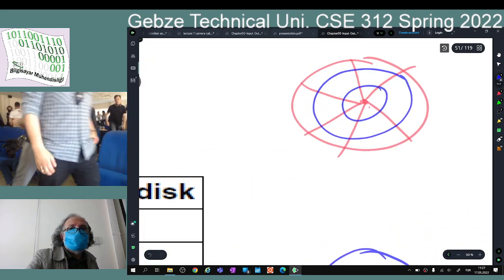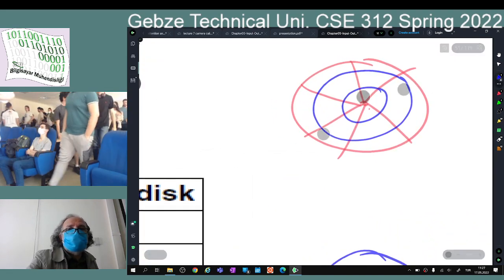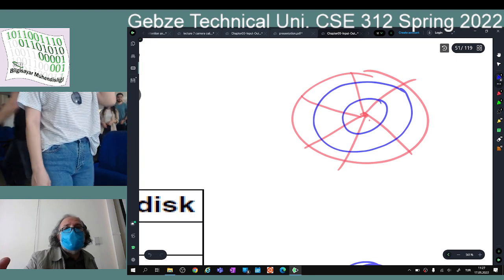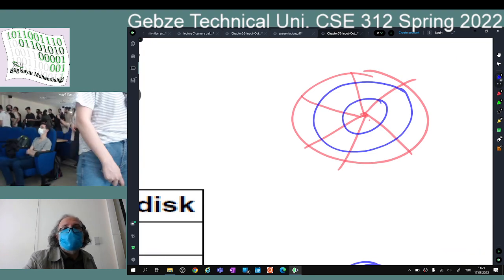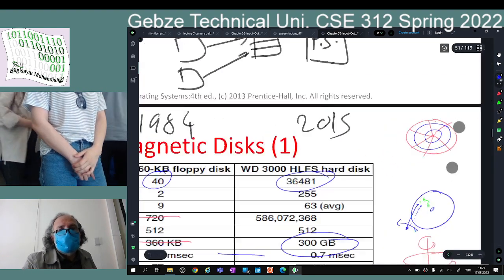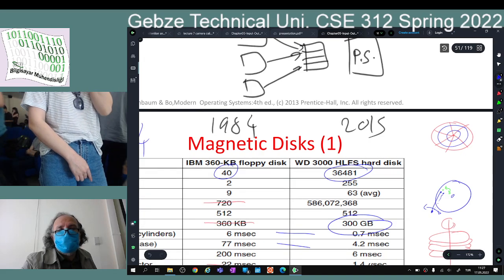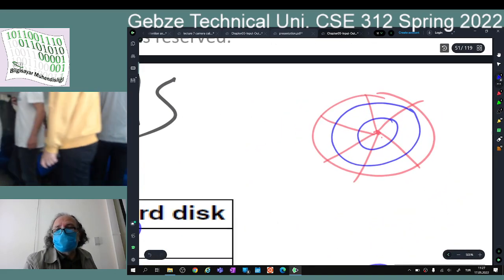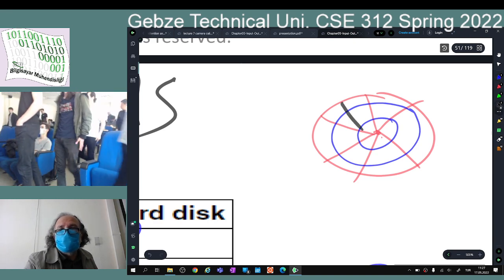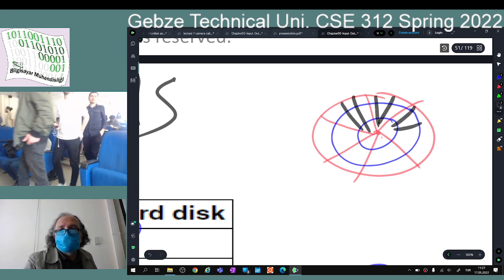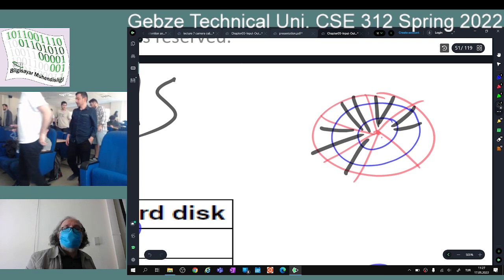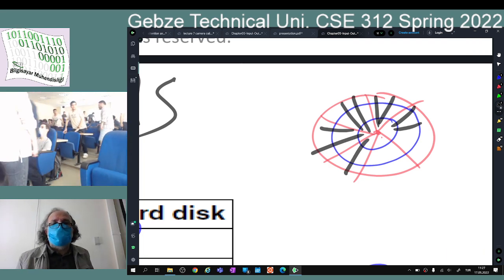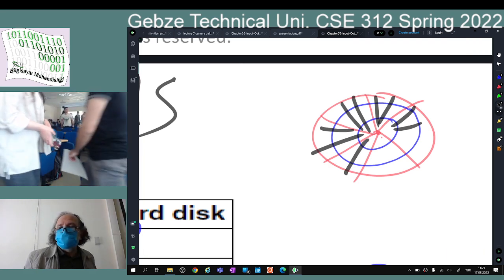It used to be 4 sectors here, now I have, how many sectors? 63. So our new sector size is much smaller, right? So I am putting that 512 bytes in a much smaller place. So there is an improvement there.